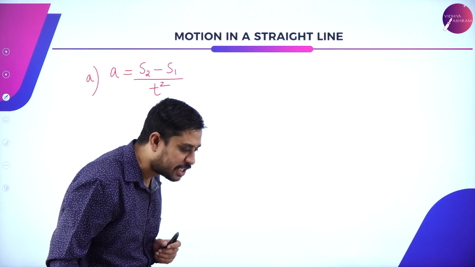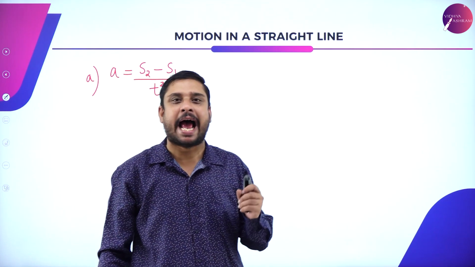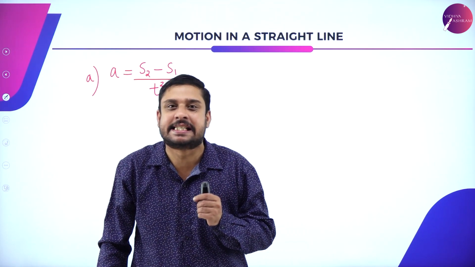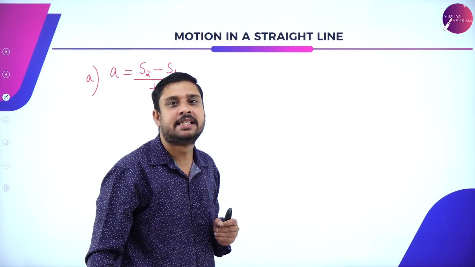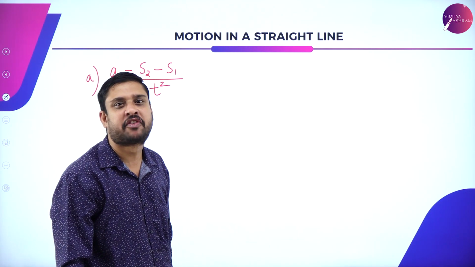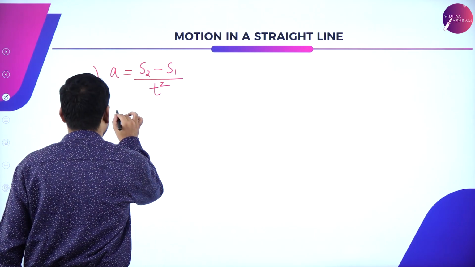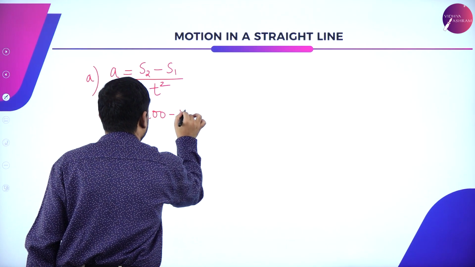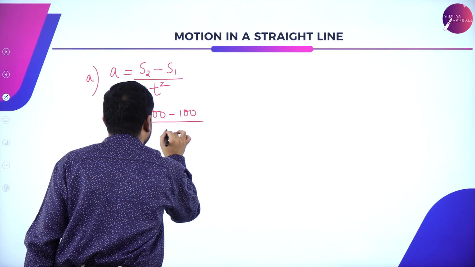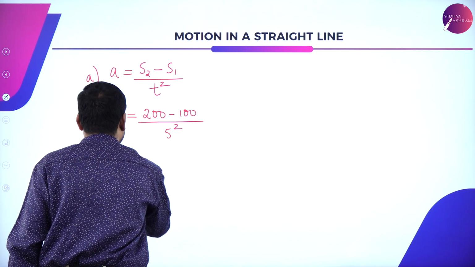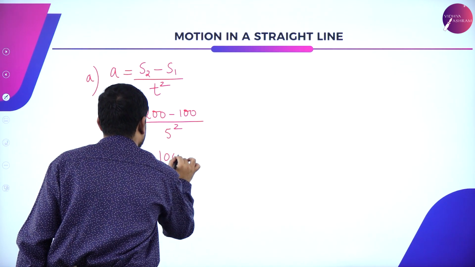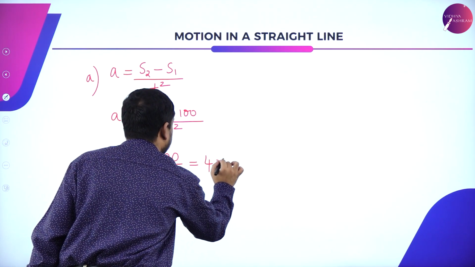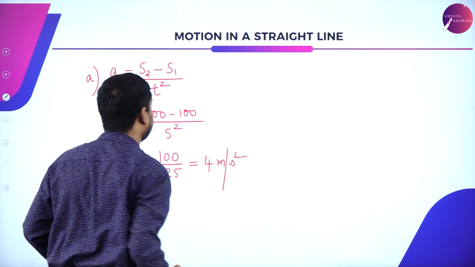So this is the expression for acceleration of a body which is exhibiting motion in successive intervals of time. Or a is (200 minus 100) by 5 square, 100 by 25, which is 4 meter per second square.